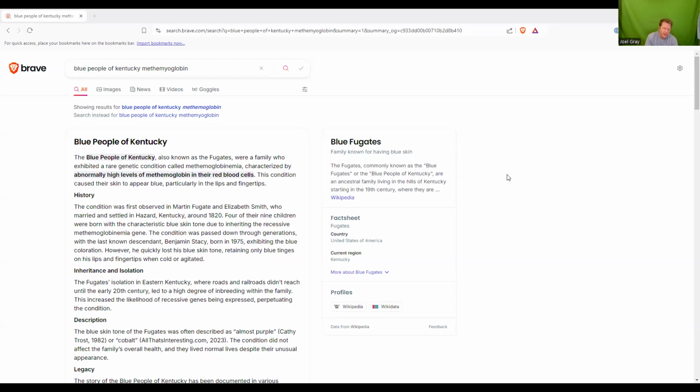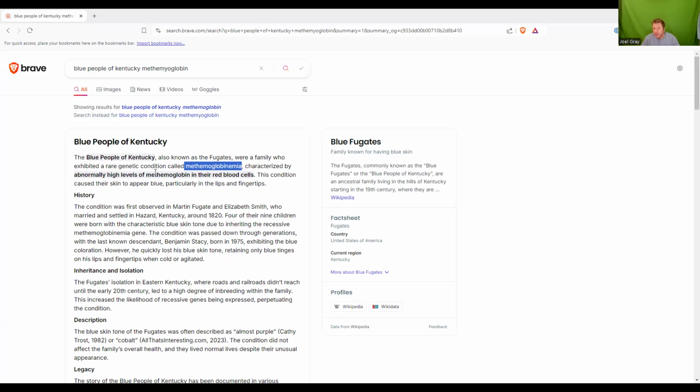I think this is somewhat derogatory, but a population of people known as the Blue People of Kentucky. They were a family who exhibited a rare genetic condition known as methylmyoglobinemia. This was characterized by abnormally high levels of methylmyoglobin.